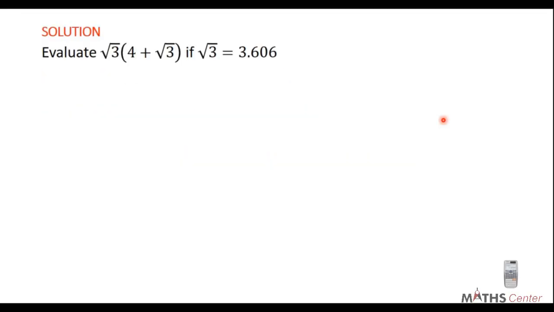So let's begin with the first one. Evaluate square root of 3 into bracket 4 plus square root of 3 if square root of 3 is equal to 3.606. Now when the question is given to you in this way, don't substitute 3.606 into the expression straight away. That will give you a wrong answer.